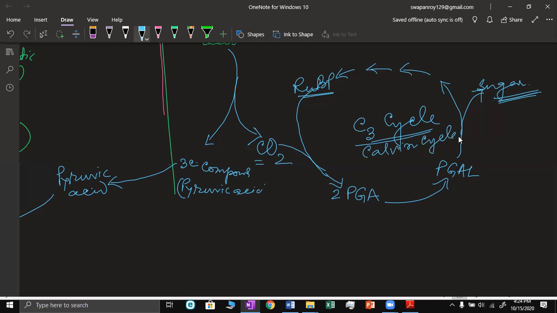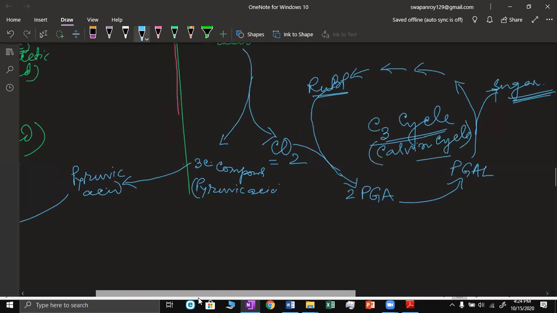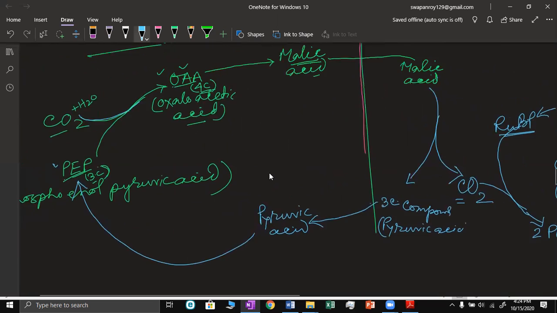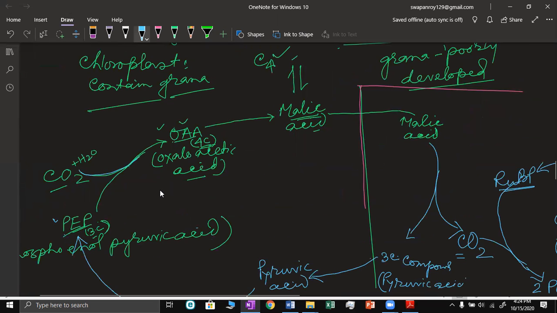The cycle which is operating between the mesophyll cells and the bundle sheath cell, this cyclic pathway is known as C4 cycle or Hatch and Slack cycle.